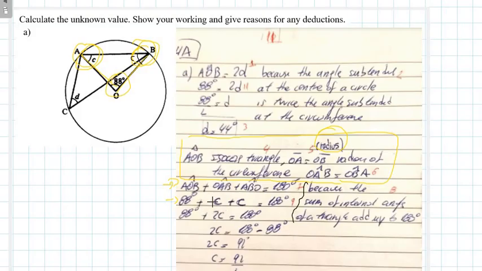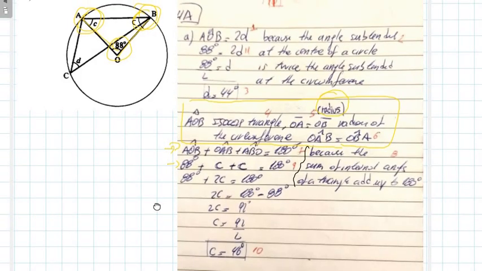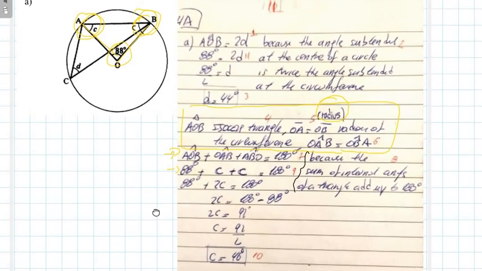Then you add C plus C is 2C. You send 88 degrees to the other side, subtracting. Then 2C equals 92 and C equals 92 divided by 2. C equals 46.